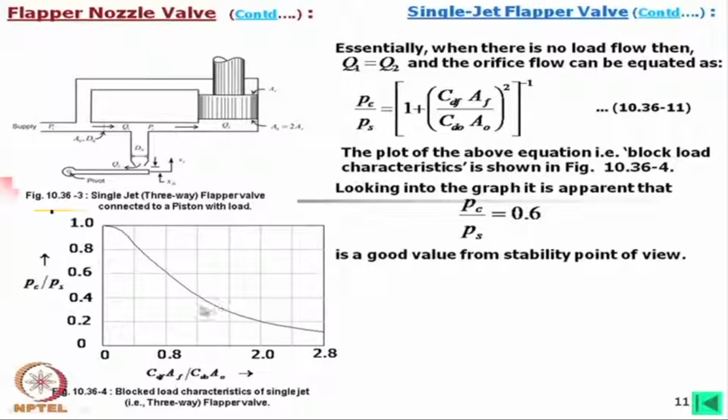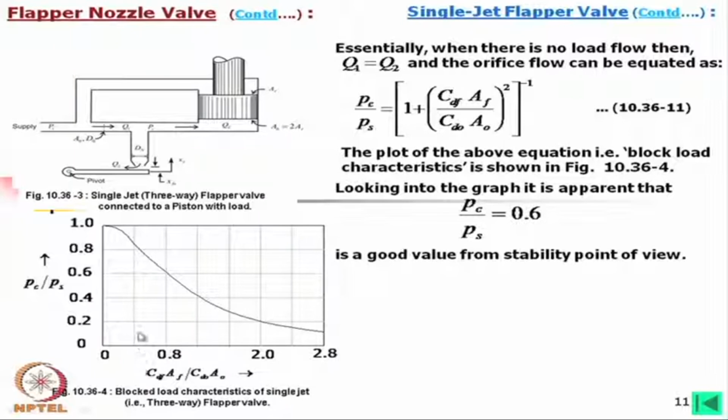This is because if we move in these directions, then definitely we will find that the control pressure is much lower than the system pressure, and in those conditions we do not have much control over this load.